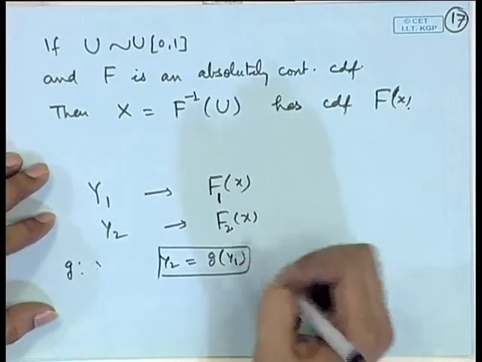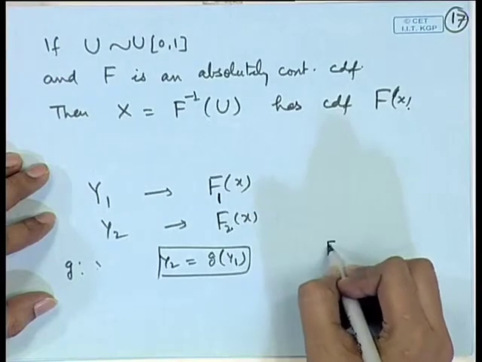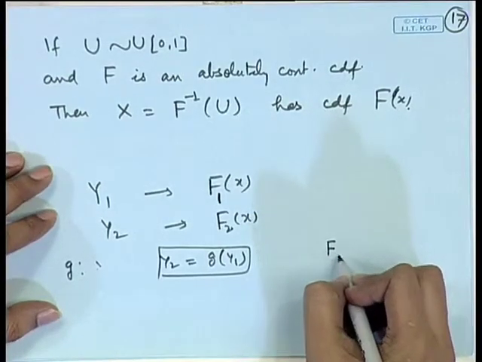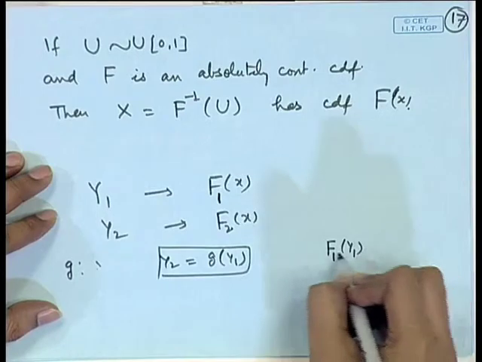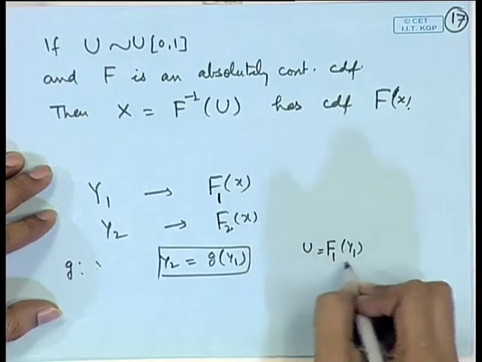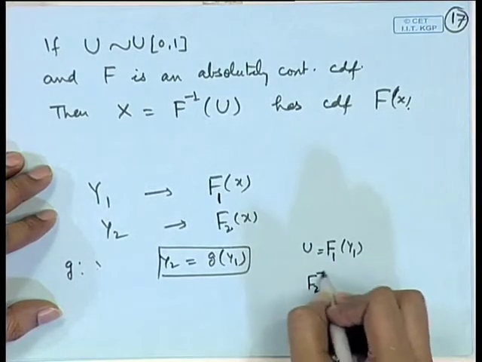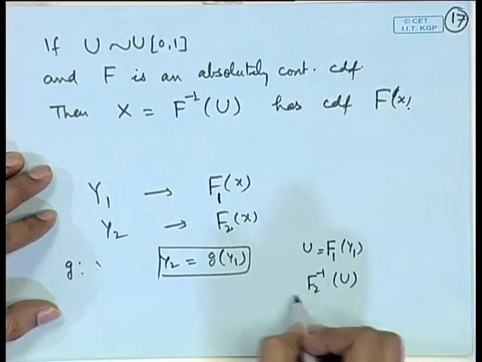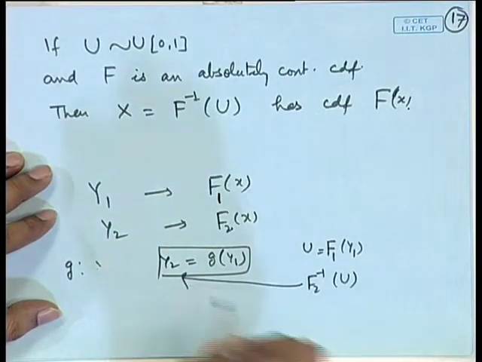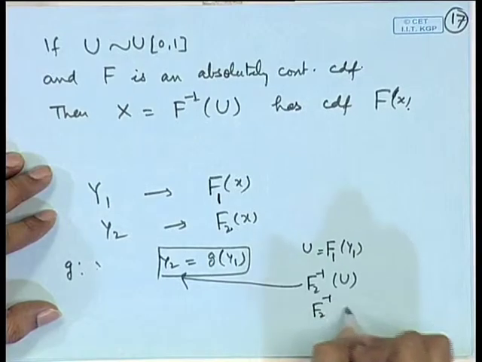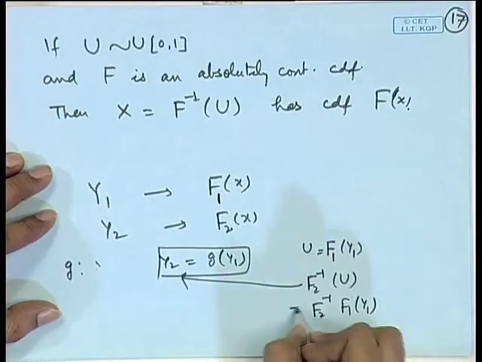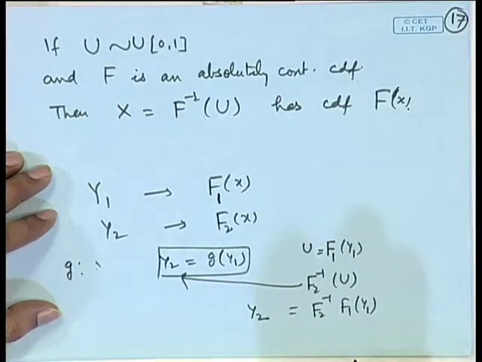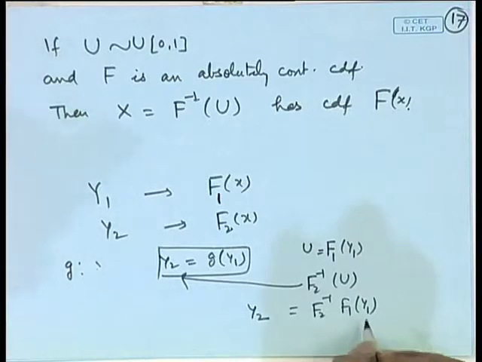So, basically what we can do is that we can consider F 1 of y 1, that is say u, and then we consider F 2 inverse of u, then that will be this. So, basically F 2 inverse of F 1 of y 1 is equal to y 2. In the modern age of simulations, this result is quite useful.